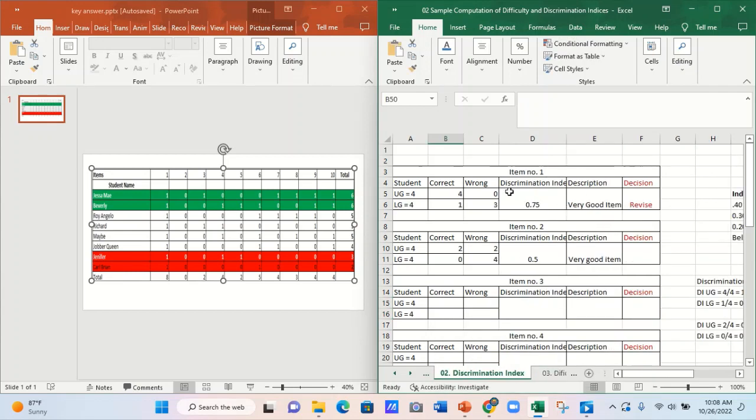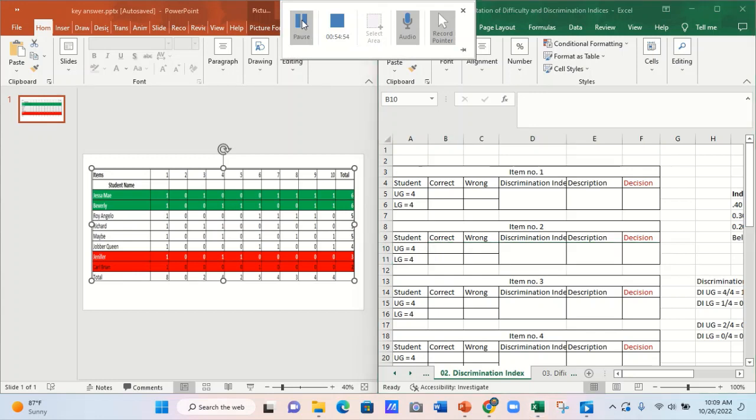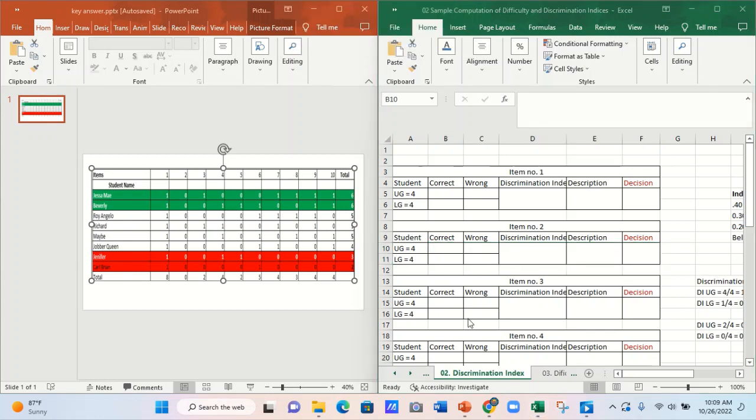Now for the discrimination index, we will clear the existing entries to make way for the new ones. Okay, so we cleared the entries to make way for the new ones.